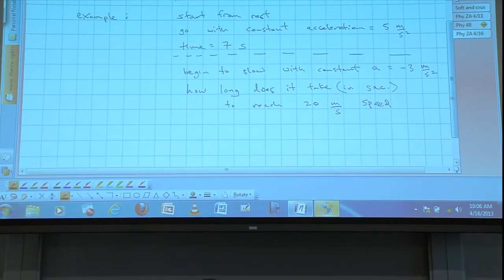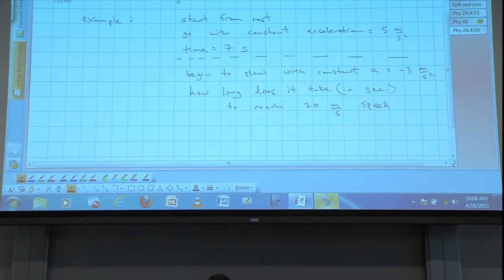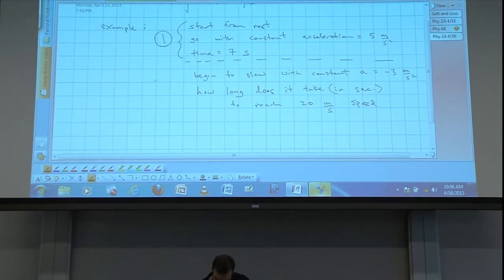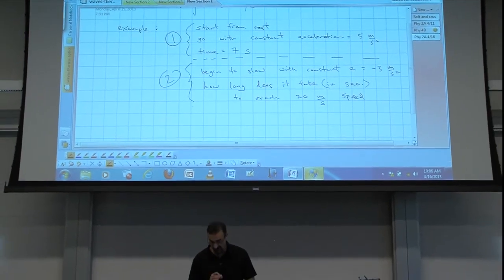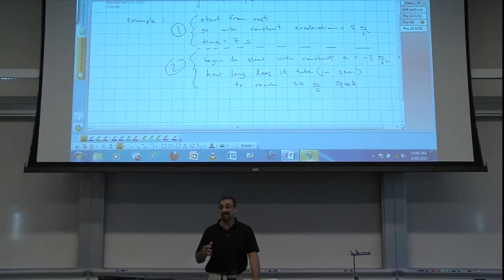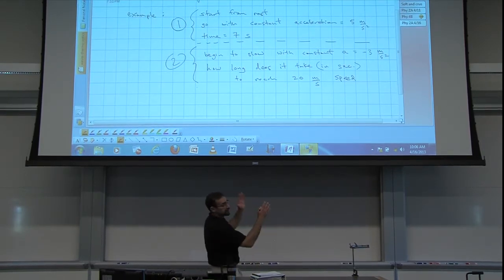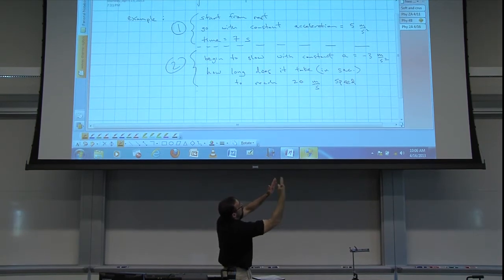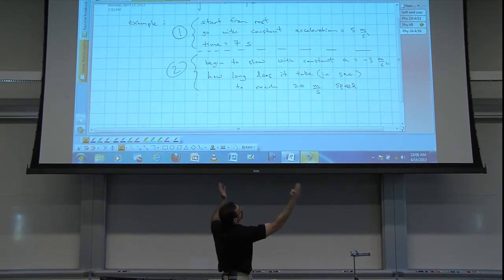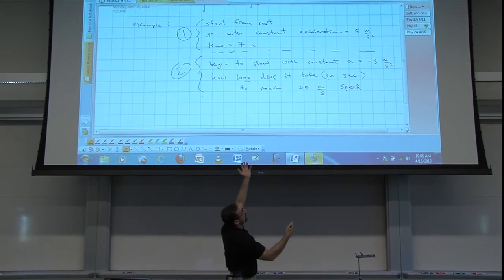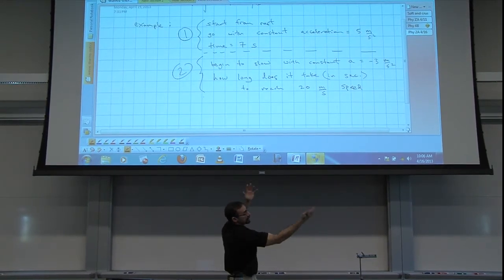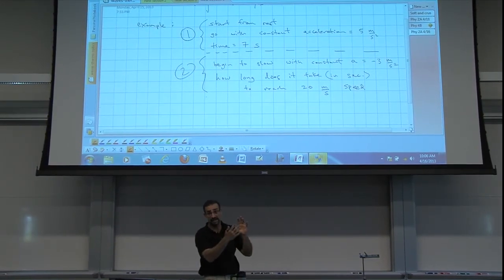You basically have to split this up into problem 1 and problem 2, because our kinematics equations only work when we have constant acceleration. It's constant for the first 7 seconds, and constant after that, but it changes in the middle. It's 5 at one point, minus 3 at another point. It's not constant from the beginning to the end.